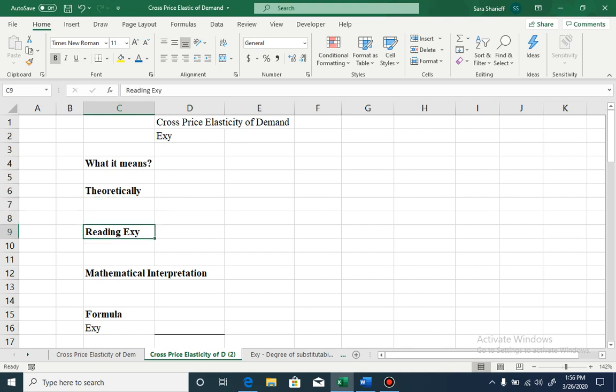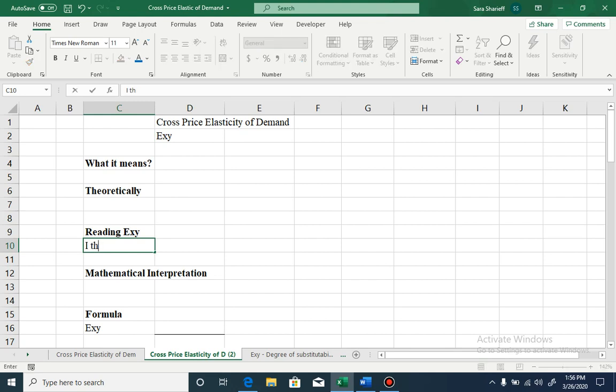And how do we read this EXY? How do we read this symbol? Now in this symbol, X is the good in question. X is the good whose demand we are trying to study. And Y is the related good, which is experiencing a change in price. Let me write it down.